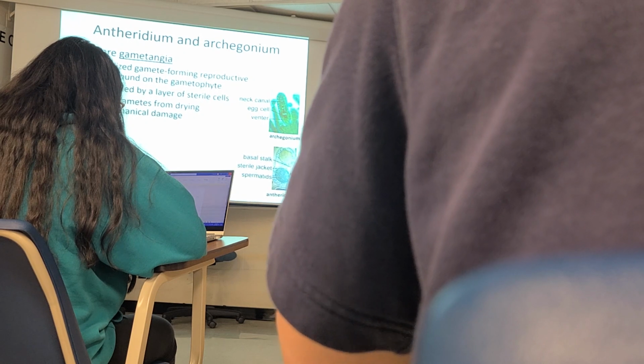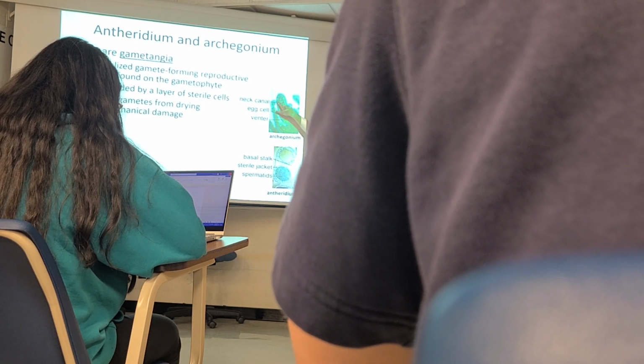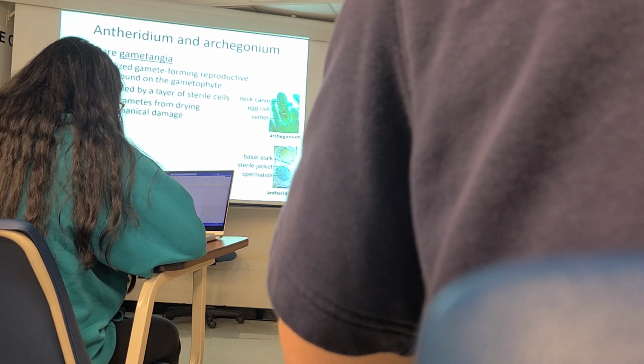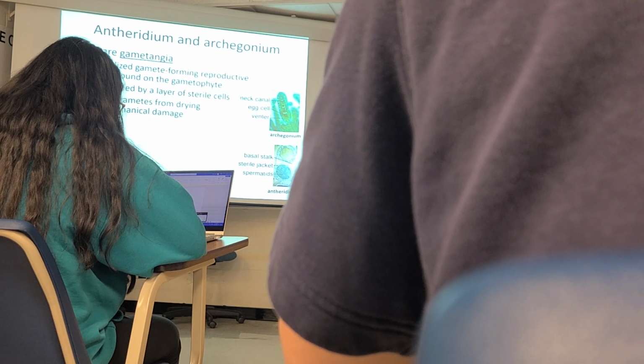And the reason it does that is because on each of these types of gametangia, there's going to be a layer of cells on the outside that are essentially sterile cells. It's like a little jacket that surrounds it. So you can see it here, there's a sterile jacket right here for the antheridium, there's a sterile jacket right here that's for the archegonium. If you wanna think about it, they're kind of like sacrificial cells, right? If the plant loses it, it loses it, right?